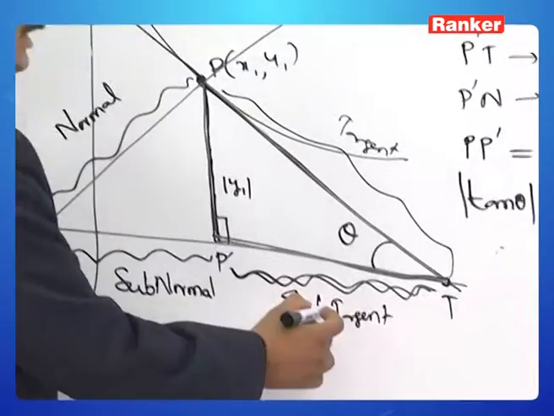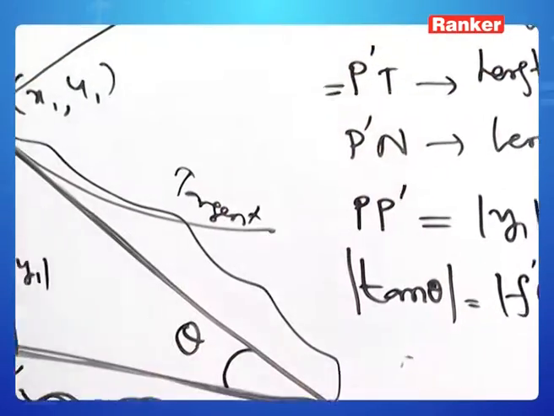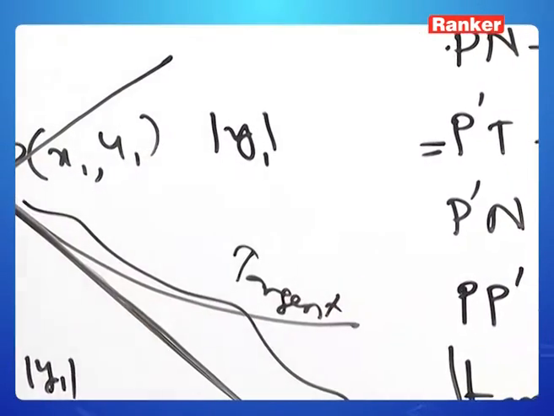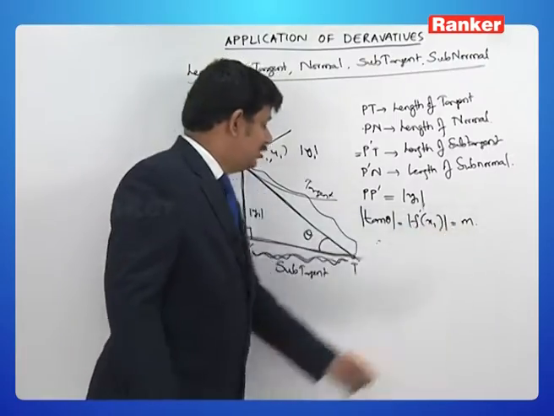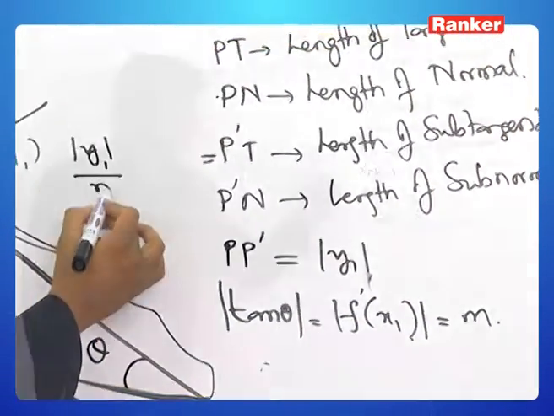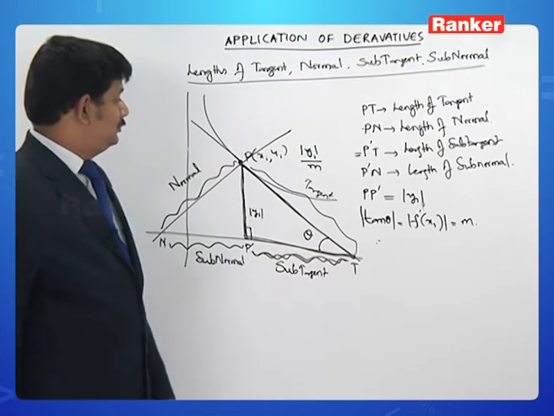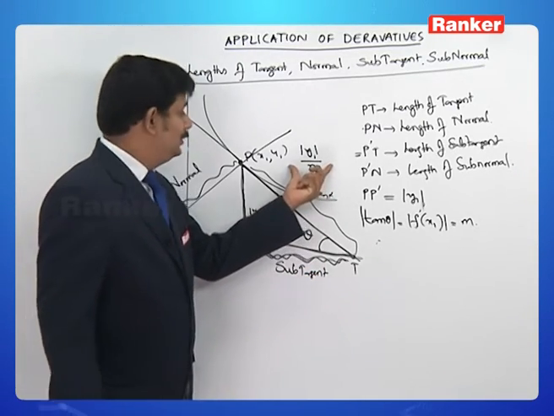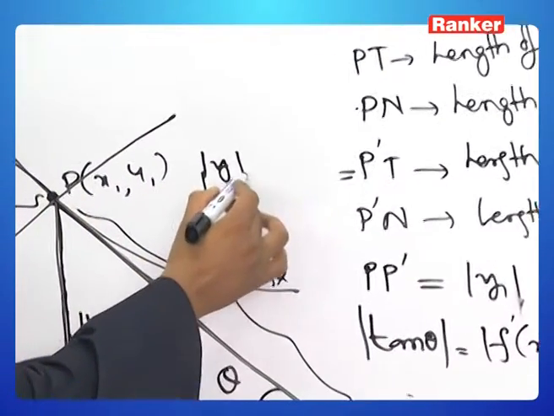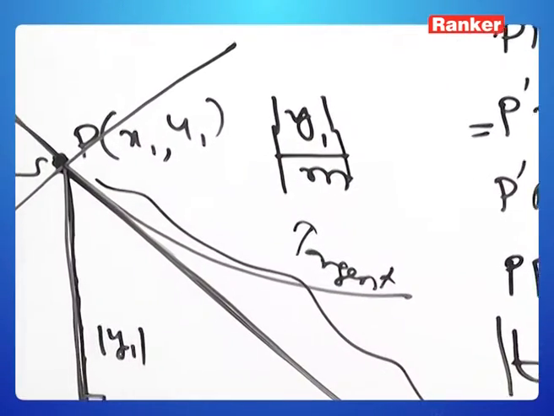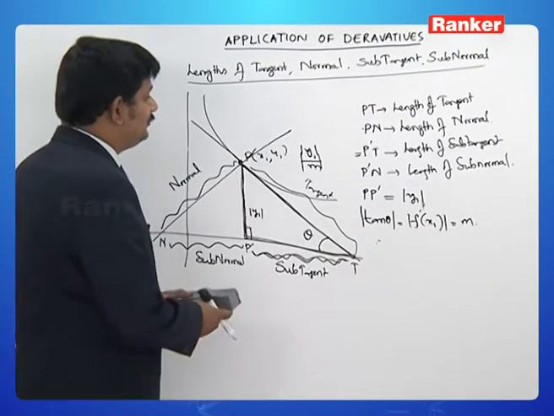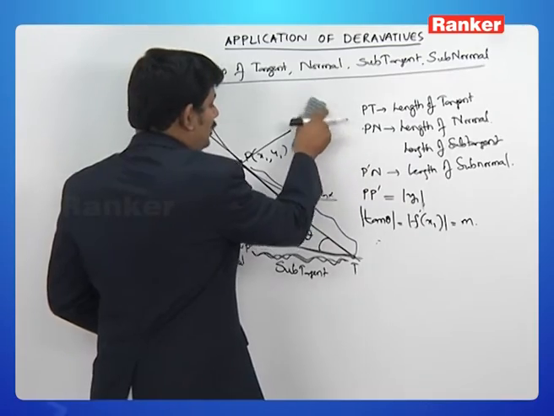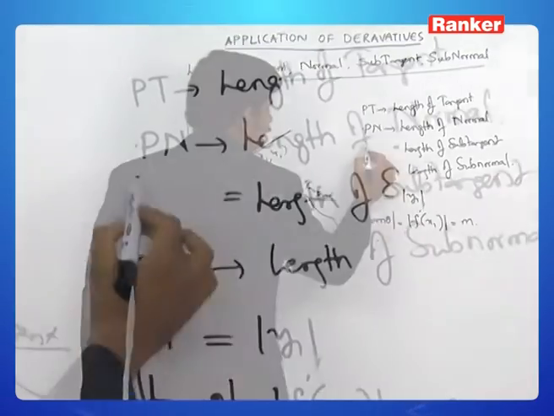So subtangent length P dash T is mod y1 into cot theta. Tan theta is m, so cot theta will be 1 by m. So P dash T is equal to mod y1 by m. Length of subtangent is mod y1 by m, where y1 is ordinate of the point and m is dy by dx at that point.